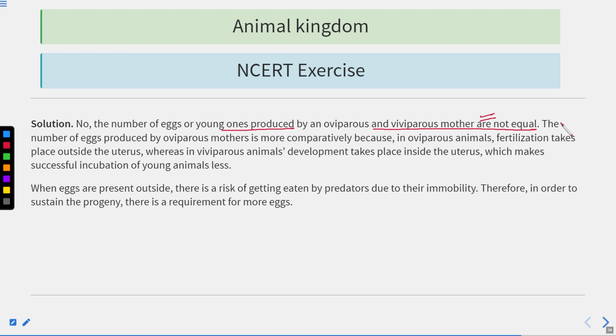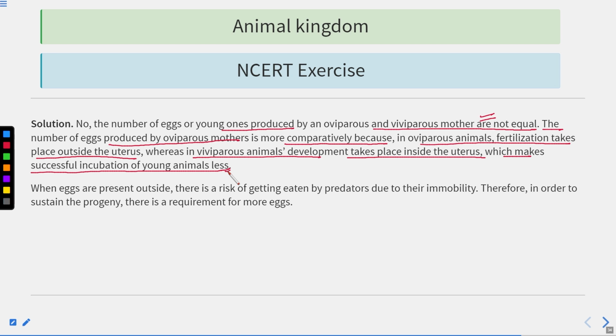The number of eggs produced by the oviparous mother is comparatively more, because in oviparous animals fertilization takes place outside the uterus, whereas in viviparous animals development takes place inside the uterus, which makes the incubation of the young animal sufficient, right?